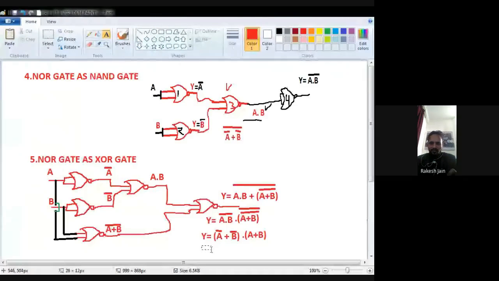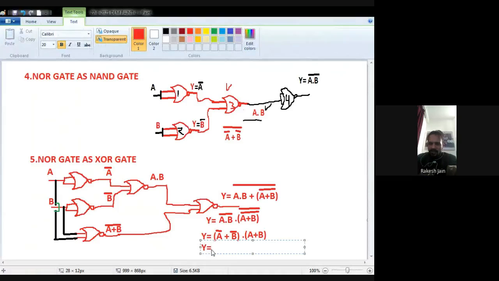Okay, now multiply, the first A bar will be multiplied with A. Whenever x is multiplied by x bar, it is just the complement of x. So if x is 1, x bar is 0. If x bar is 1, then x is 0. So multiplication will result in a 0. So A bar dot A will be 0.